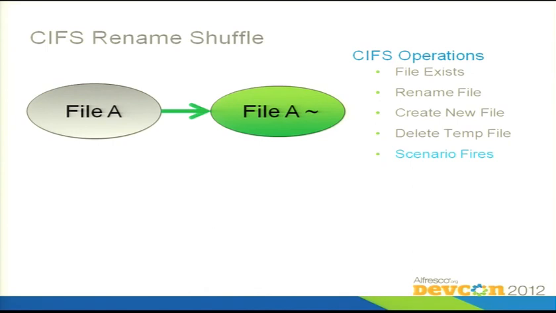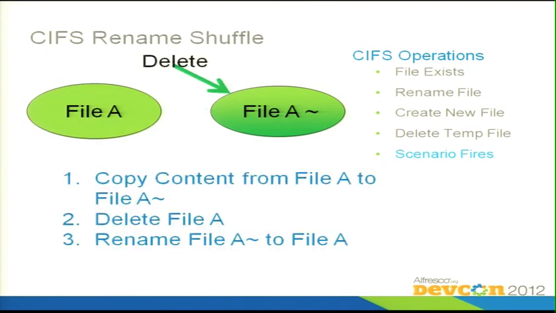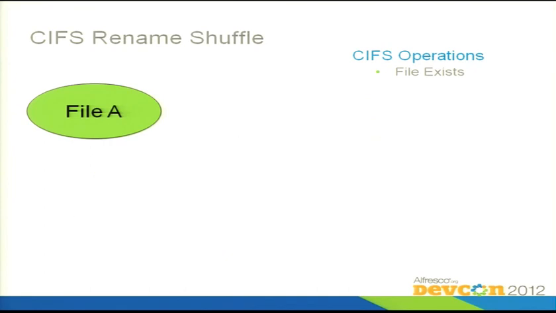So for this example, we've got the rename shuffle. The scenario fires, and instead of that delete of file A, it copies the content, it deletes the new file, and it moves the tilde file back. So that's the rename.